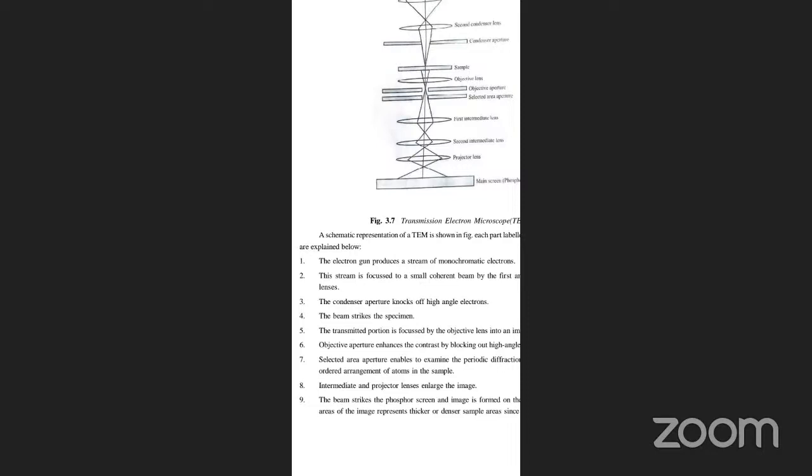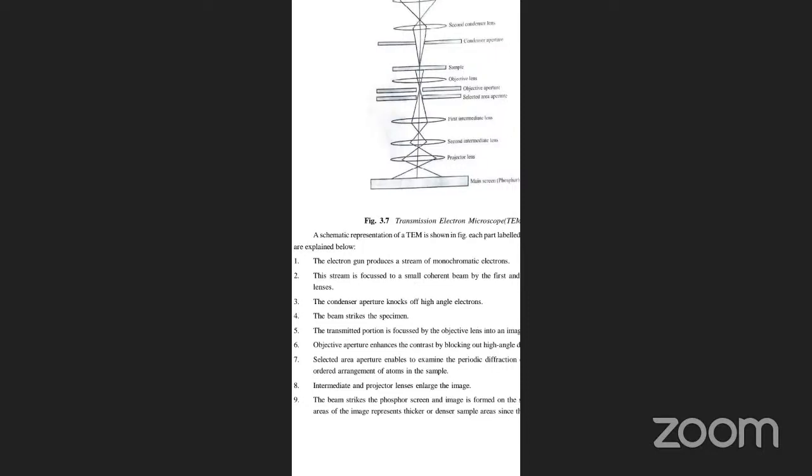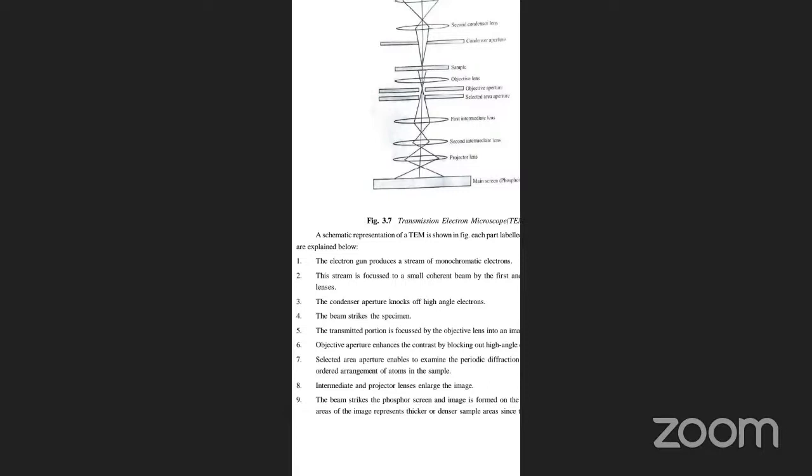The selected area aperture enables us to examine the periodic diffraction of electrons by an ordered arrangement of atoms in the sample. Intermediate and projector lenses enlarge the image. The beam strikes the phosphor screen and the image is formed.